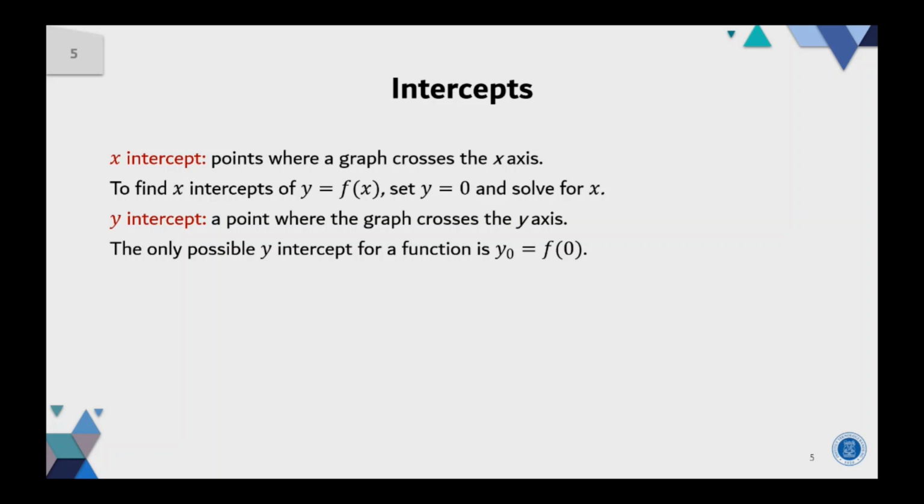And remember, f is a function, and so f(0) should be only one value, at most one value. So that's why in the definition of y-intercept here, we can see that we can only have one point there. Okay.